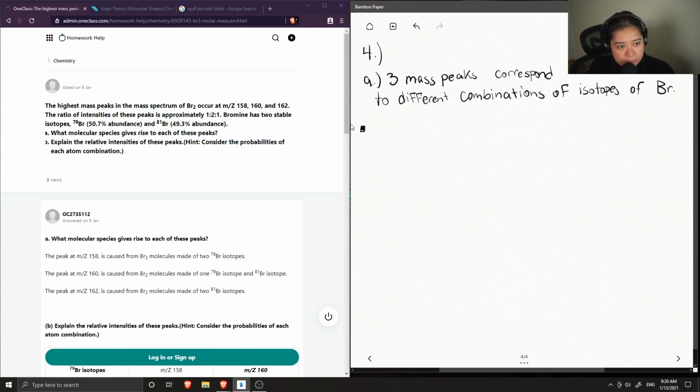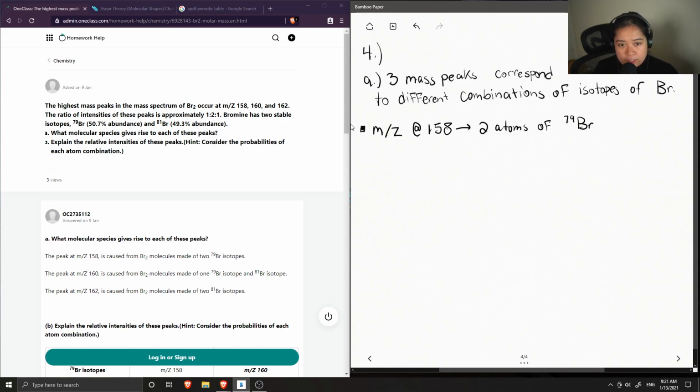So for example, when the mass peak was equal to 158, if we divide this by 2, you'll notice that we have 2 atoms of our bromine 79 isotope.